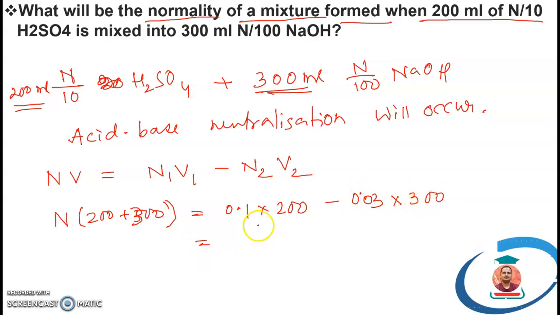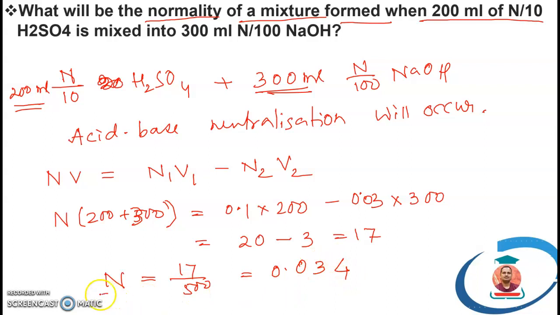So it will be 20 minus 3, that is 17. So N will be 17 by 500, and it is 0.034. This is the normality of the resulting solution. In this way we can solve numericals on normality.